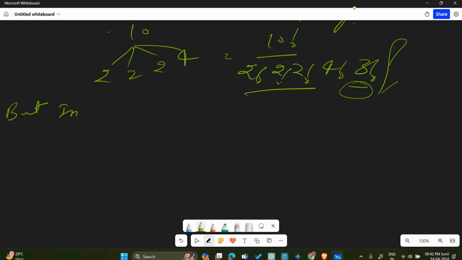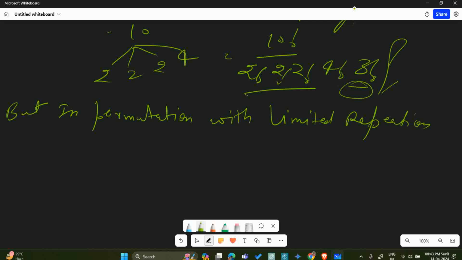But in permutation with limited repetition, we don't neutralize distribution.